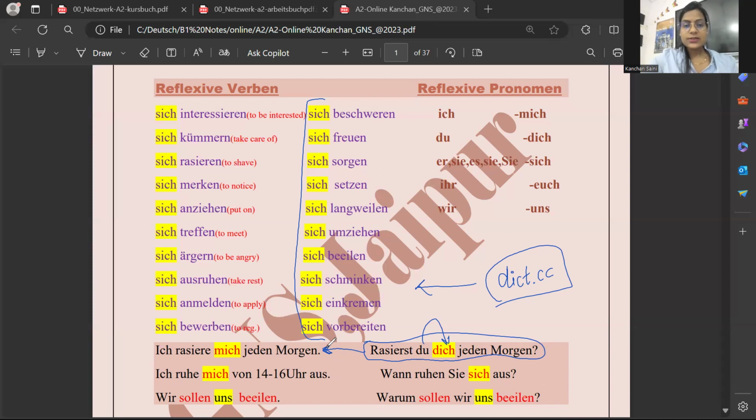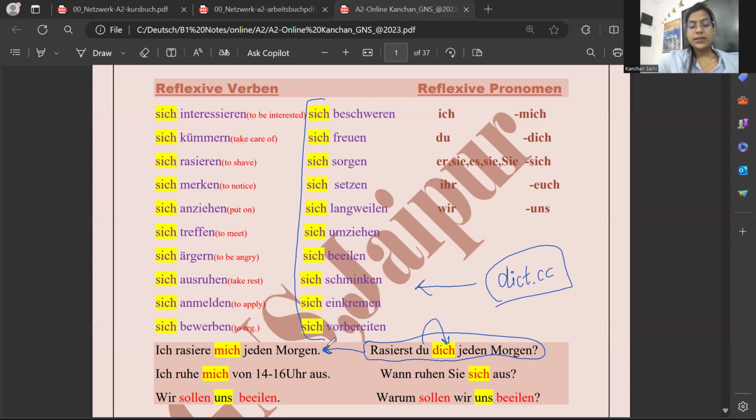So the sentence structure we are using here is very simple: ich, verb rasieren, reflexive pronoun at third place, time jeden Morgen. Earlier we had time at third place, but now time will be shifted to the fourth place, and at third place we will keep the reflexive pronoun.